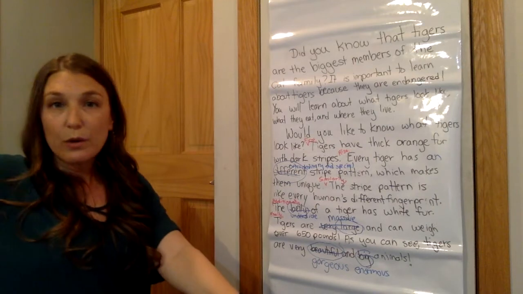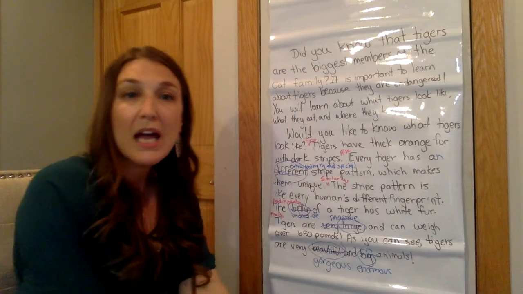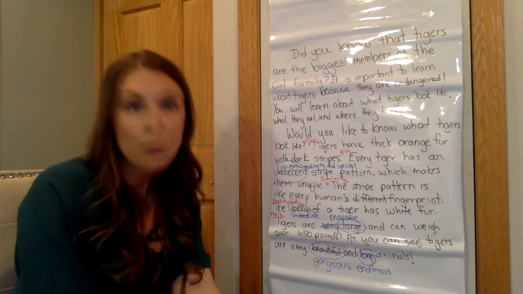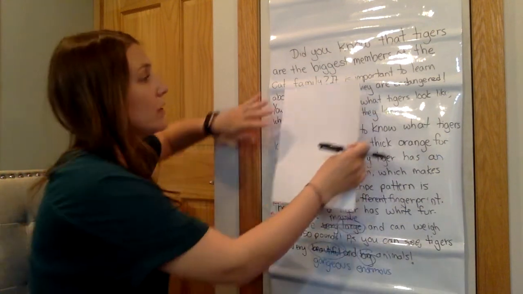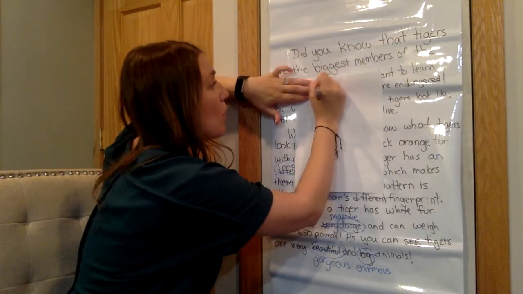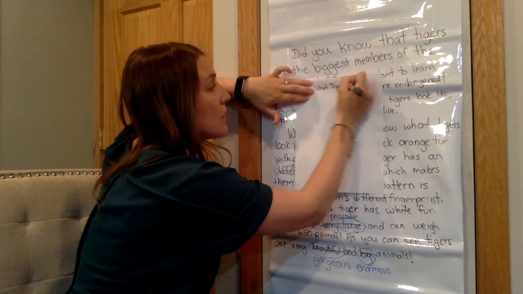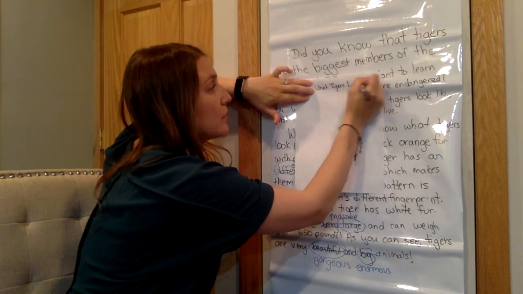You guys are going to work with me to write my first body paragraph. Now the first subtopic I chose is what tigers look like. So here I'm going to take my piece of paper and I'm going to write what tigers look like.